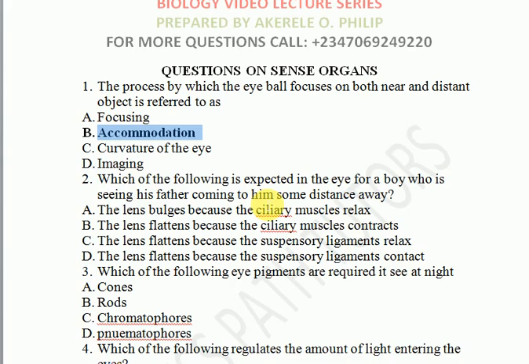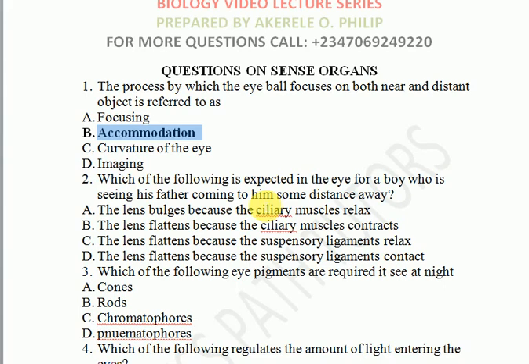Generally, when we see a distant object, the lens flattens, while if we are seeing a closer object, the lens becomes more rounded, or we can say bulges. So in our options, we'll look at the ones that have to do with flatness. That's option B to D.